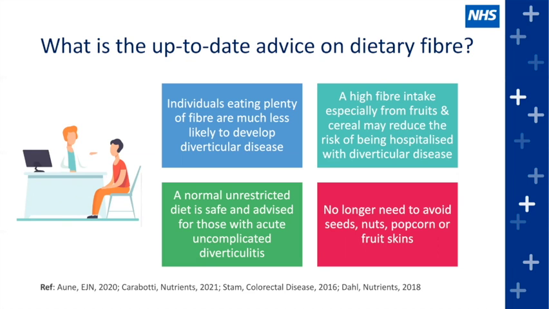And so the normal unrestricted diet is totally safe and advised for all those with acute uncomplicated diverticulitis. You no longer need to avoid nuts, seeds, popcorn or fruit skins. And I think that's really important to underline, that advice is now out of date, and actually you're better off having more fruit and fibre and vegetables, etc., in your diet.